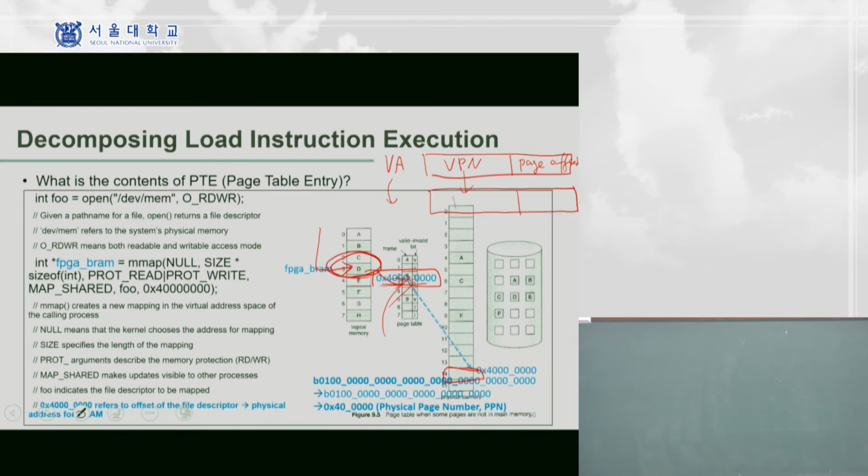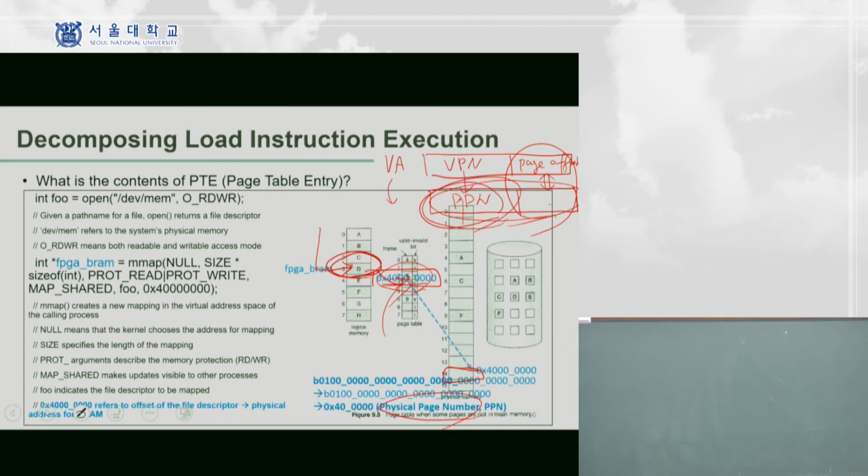The VPN is translated to the PPN, physical page number, and the page offset remains the same. So in this page table, instead of holding the entire physical address for this page, we only hold the PPN, only part of it, not the rest, because the offset doesn't change before and after address translation. So we only hold the PPN in this page table.